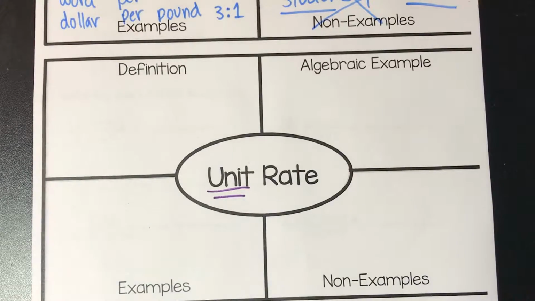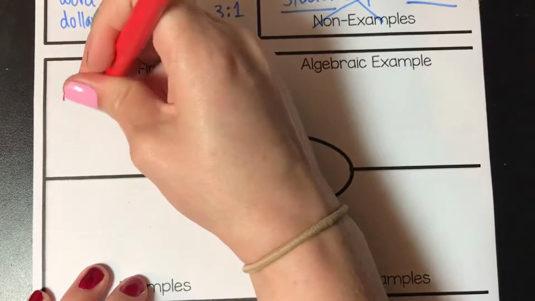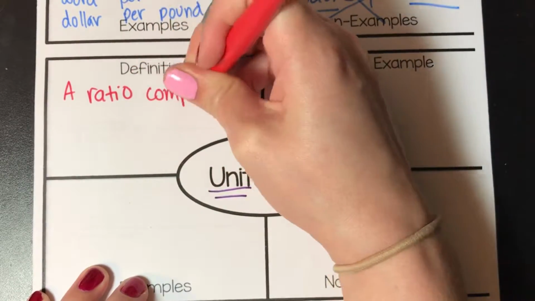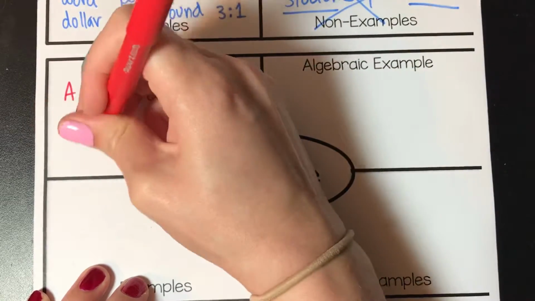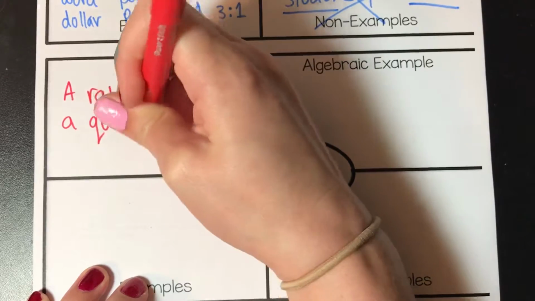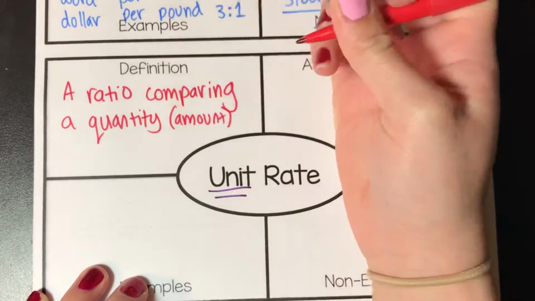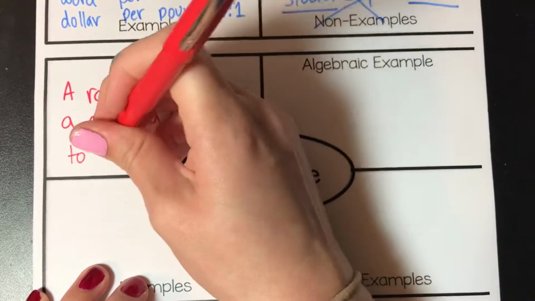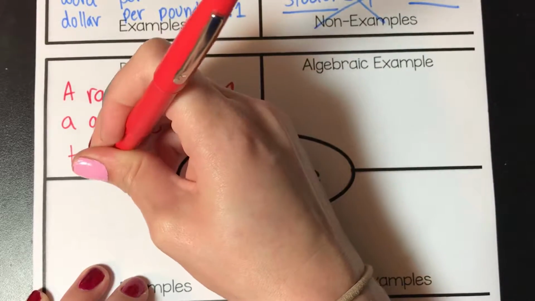It's a unit rate. A unit rate is a ratio comparing a quantity, that's another word for an amount, comparing a quantity to one.